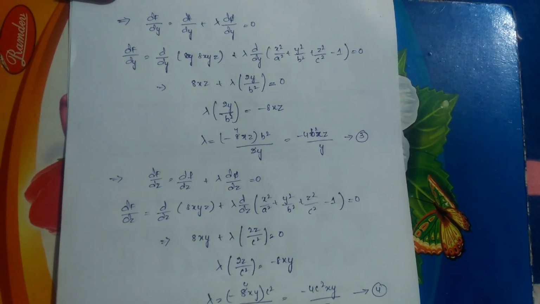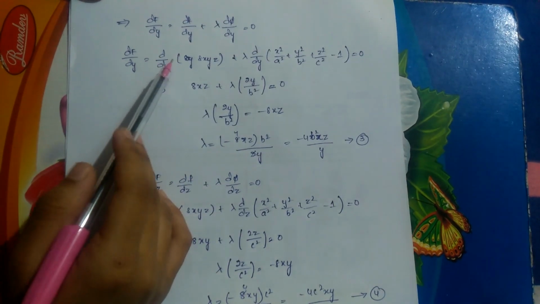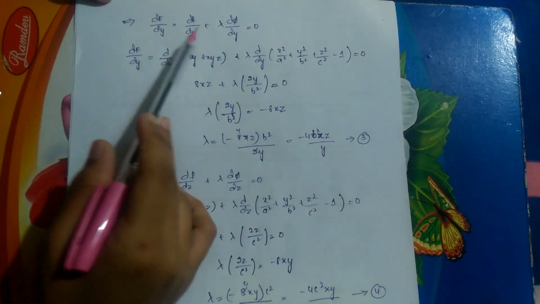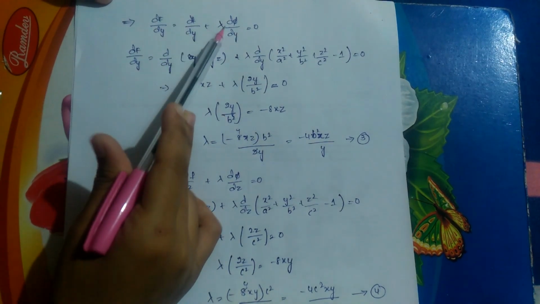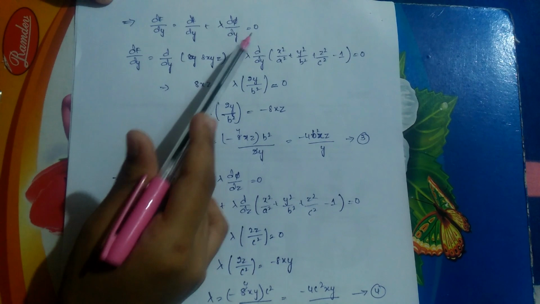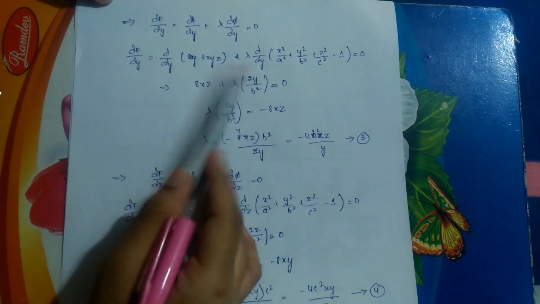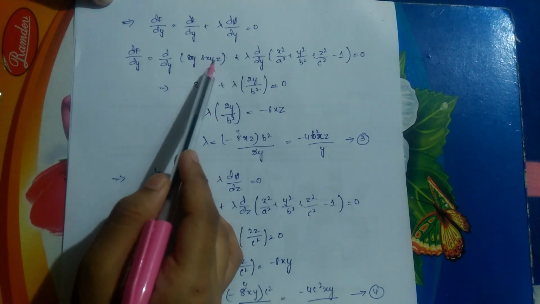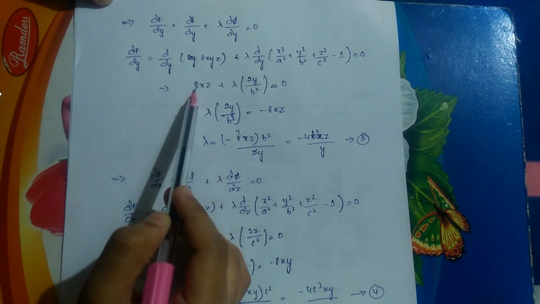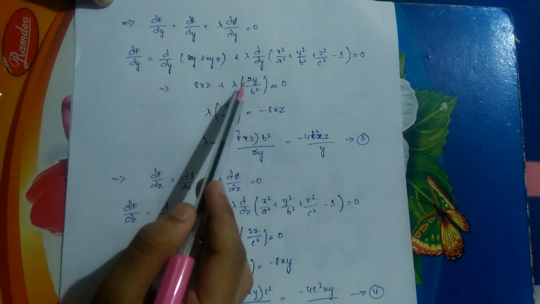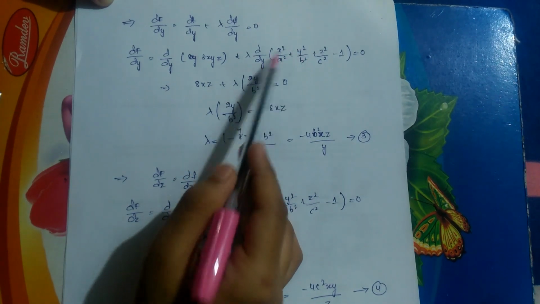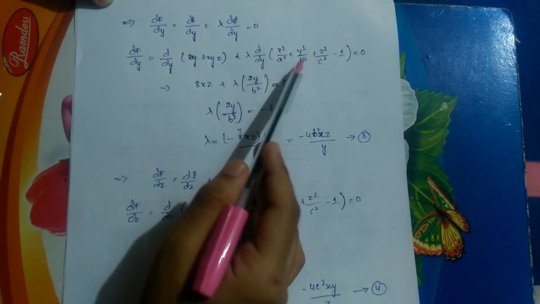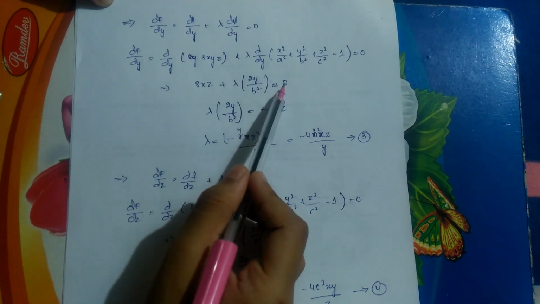Then similarly we differentiate F with respect to y. ∂F/∂y = ∂f/∂y + λ ∂φ/∂y = 0. Differentiation of 8xyz with respect to y comes as 8xz, plus λ times the differentiation of y² with respect to y, which is 2y by b², that equals 0.